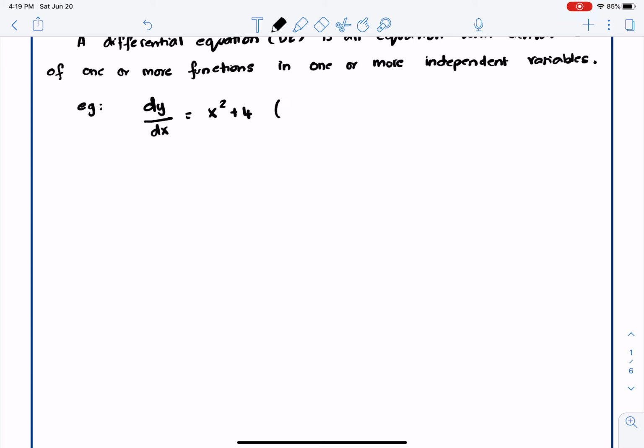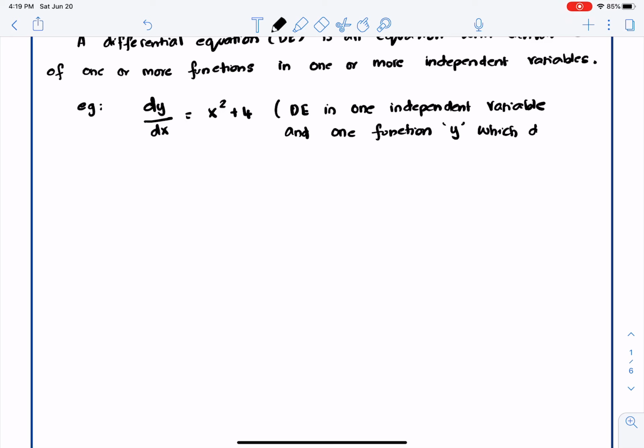Now that is a differential equation in one independent variable and one function y, which depends on x.